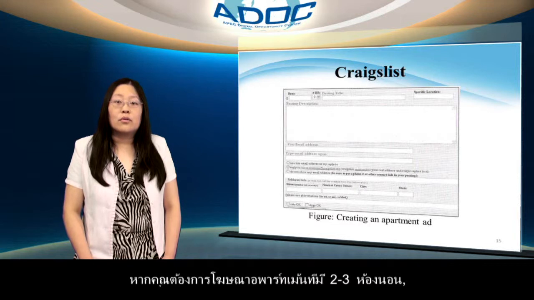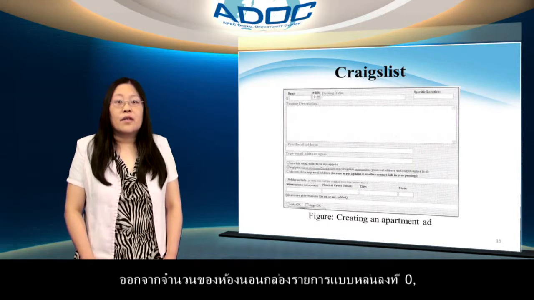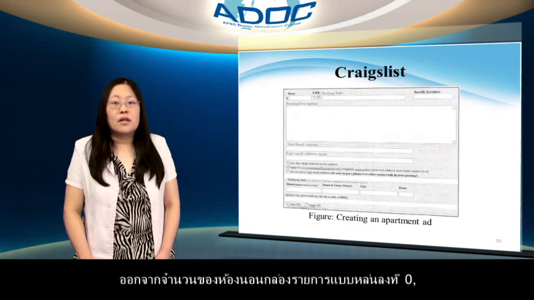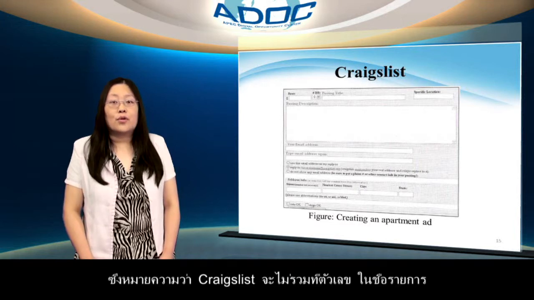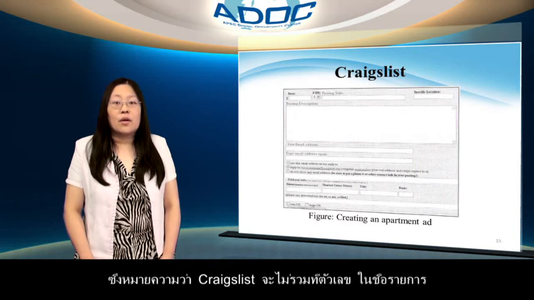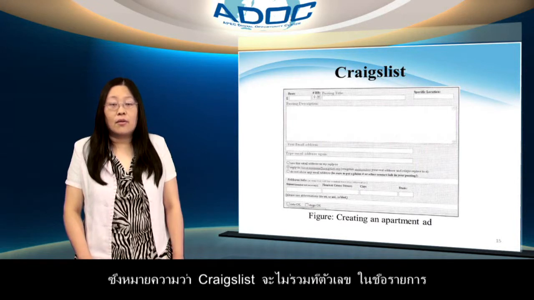If you want to advertise an apartment that has 2 to 3 bedrooms, leave the number of bedrooms drop-down list box at 0, which means that Craigslist will not include that number in the listing title.